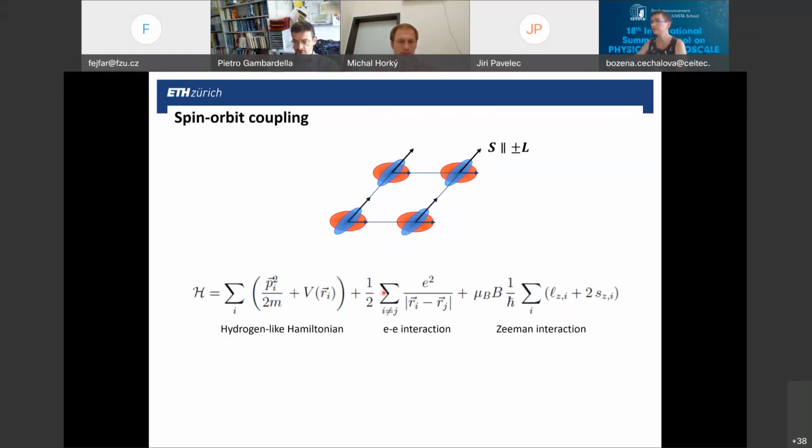So if we have the usual terms, this is the Hamiltonian in the central potential approximation that gives hydrogen-like orbitals. But then the electronic correlation effects, these are the ones that justify the Hund's rules. The first and the second Hund's rules are basically ways to minimize electron-electron interactions. And then, of course, we can include also the Zeeman interaction.